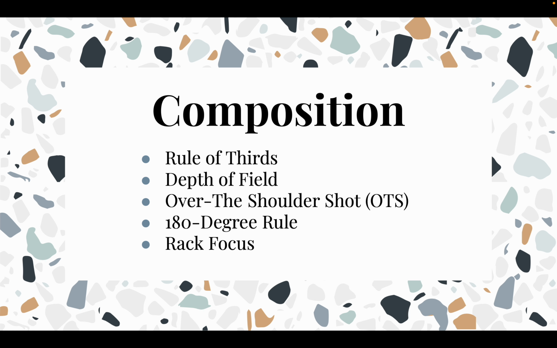So within composition, just like we talked about, we're talking about the rule of thirds. Photos are divided into thirds with two imaginary lines vertically and two lines horizontally, which makes 3 columns, 3 rows, and now it's 9 sections. Now it's important to think about placing things within 2 of those intersecting points.